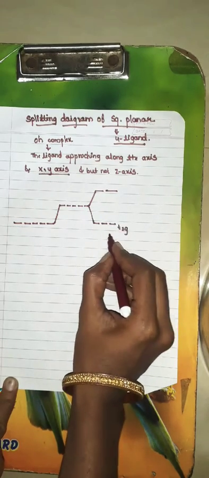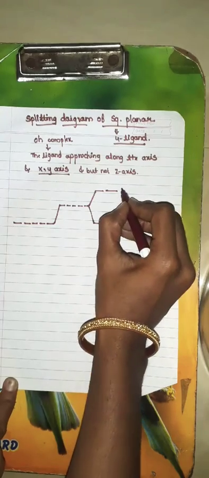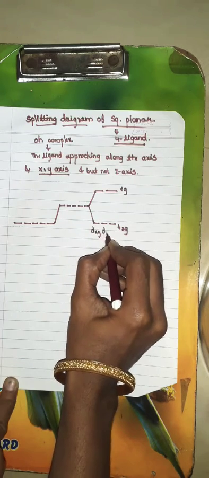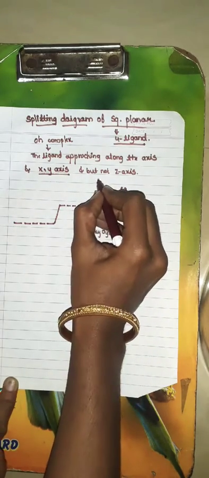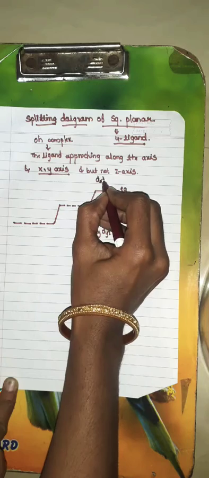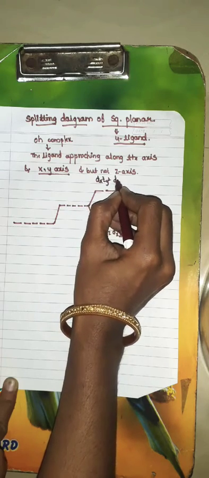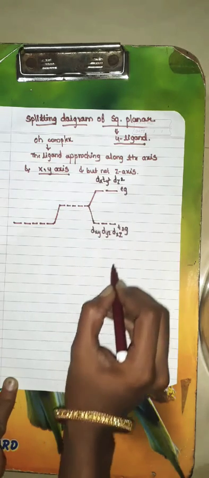What happens in octahedral? There are t2g and eg levels, and they split. T2g means dxy, dyz and dxz, which lie in between the axes. These two, dx square minus y square and dz square, lie along the axes.